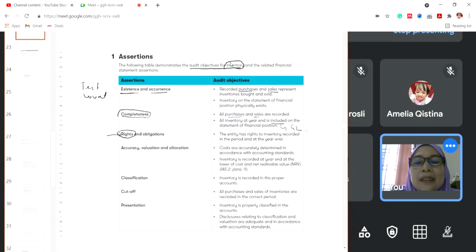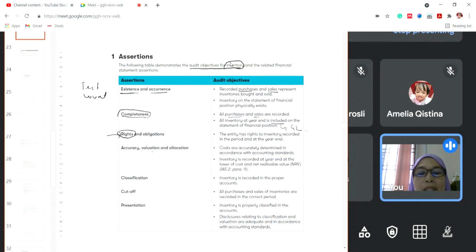Also, if the asset is held for a third party, on the third party's right, that is not the right of the company's asset, in terms of rights and obligations.